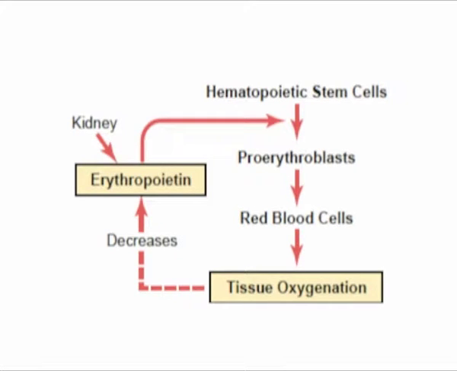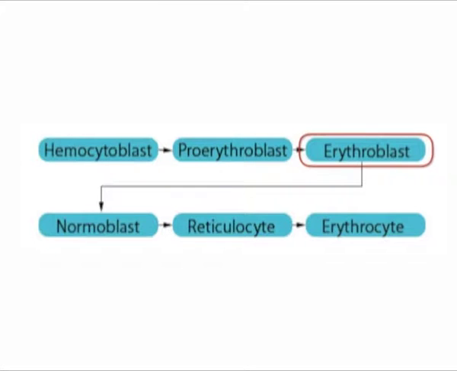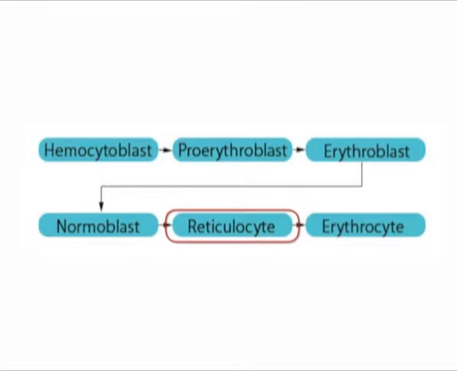Once erythropoietin receptors are in place, the cell is committed to exclusively produce RBCs. The erythroblasts then multiply and synthesize hemoglobin, which is a red oxygen transport protein. The nucleus from the erythroblast is then discarded, giving rise to cells named reticulocytes.